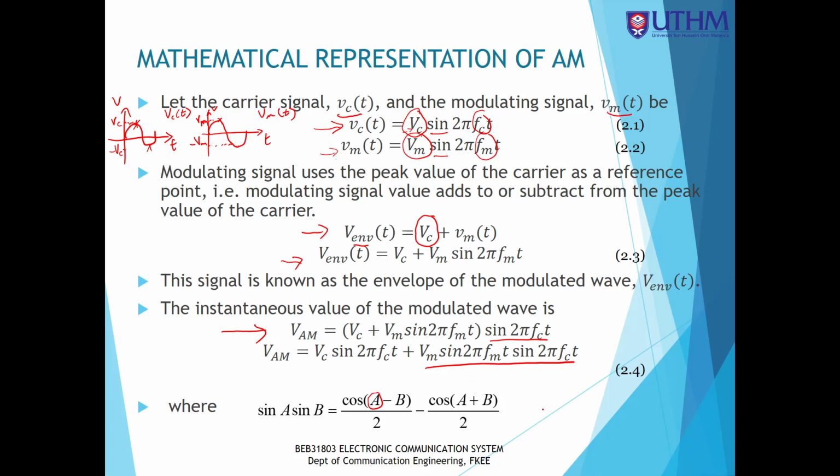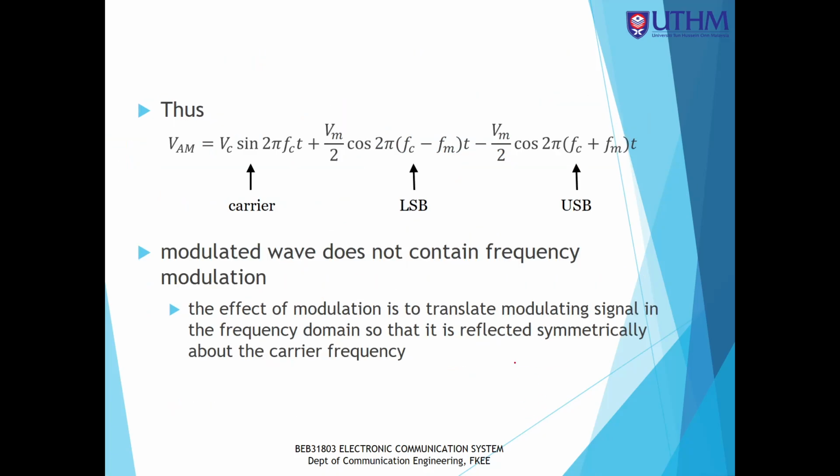So you see that it becomes like this: Vc sine 2 pi fct, which is the carrier, plus Vm over 2 cos 2 pi fc minus fm. This is for A minus B. And minus Vm over 2 cos 2 pi fc plus fm.